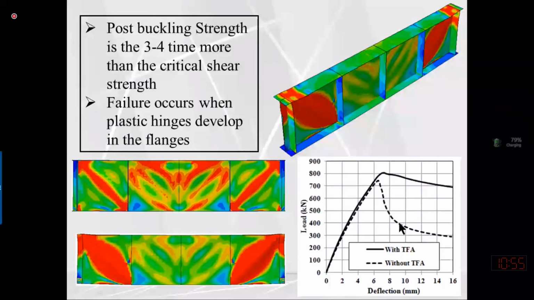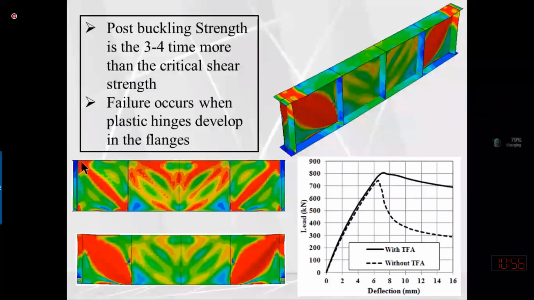And here is the evidence from this computer simulation. When we apply the load and the web buckles, you can see this red zone. Tensile forces develop in the diagonal direction, and the web buckles in this direction, where we have compressive forces.